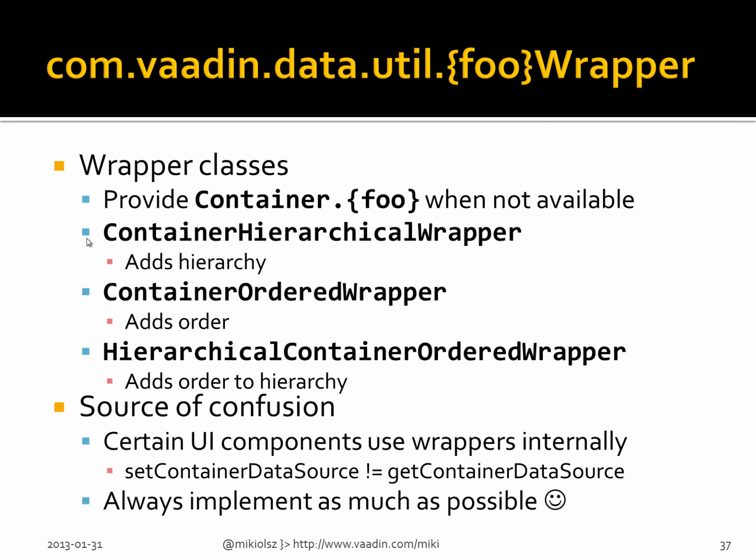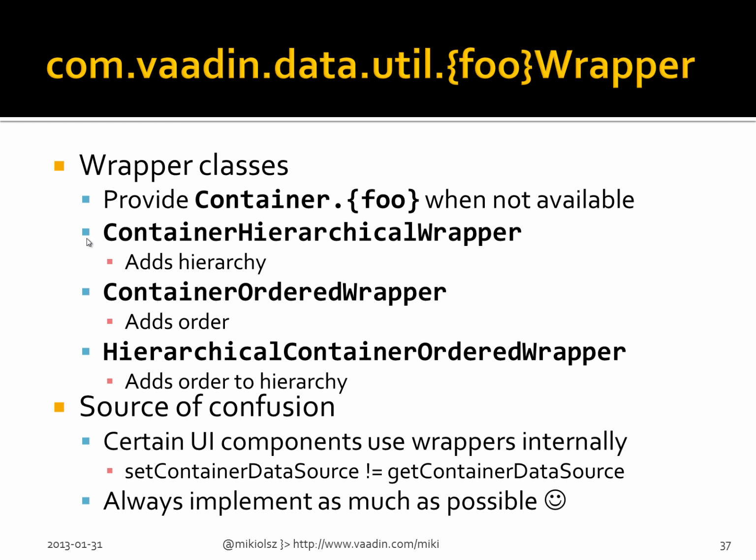So there is container hierarchical wrapper, which gives you a hierarchy of items, and there is container ordered wrapper, which gives you an order of items to your container. And then there is hierarchical container ordered wrapper, which adds order to hierarchy if you already have one. Fortunately, there are no other monsters like hierarchical container ordered wrapper, because memorizing all these names would be problematic.